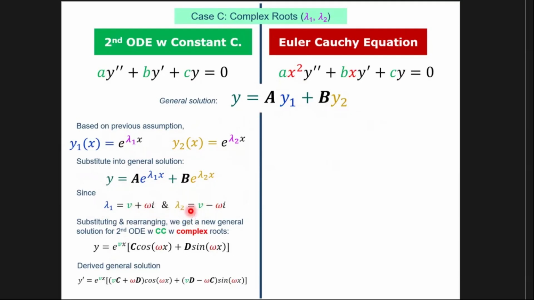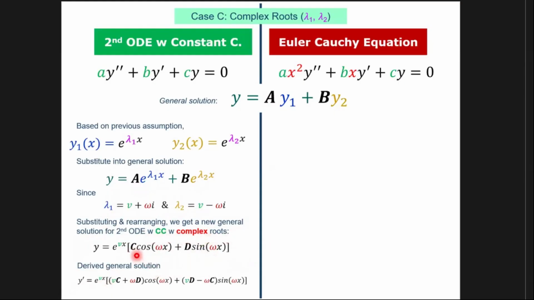Also for lambda 2, then we have to substitute these terms into the general solution. So after we substitute lambda 1 and lambda 2 into the general solution and rearrange, we get a new general solution specific for ODE with constant coefficients for complex roots.